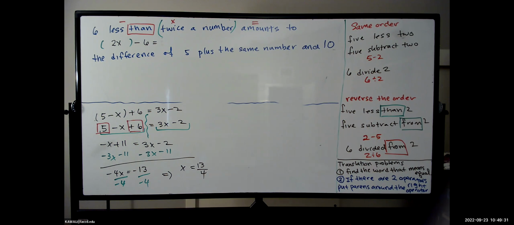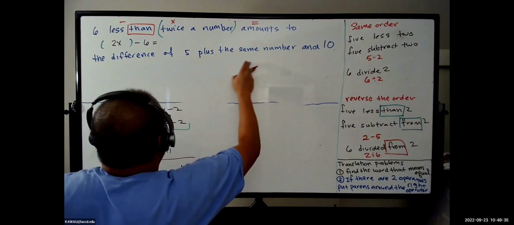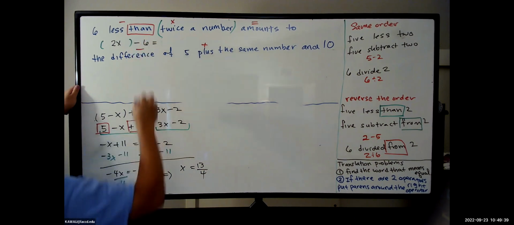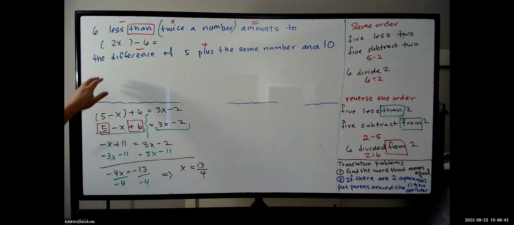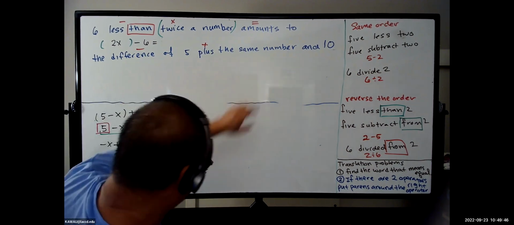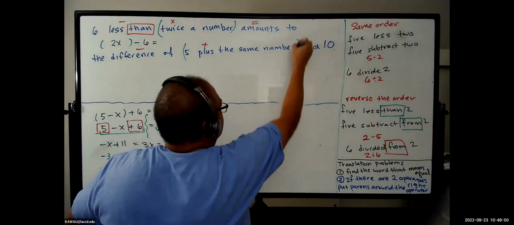Now, when we do this one, let's go backwards and find our operators. This is a plus and this is a minus. Okay. So the difference, 5 plus the same number. So that is what I'm doing with my 5.